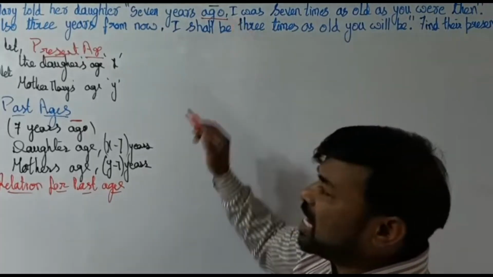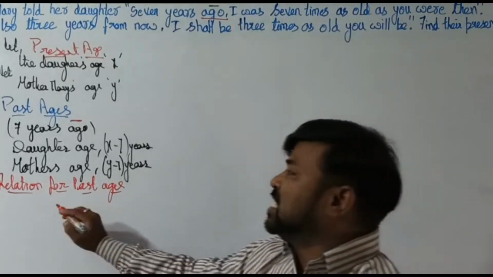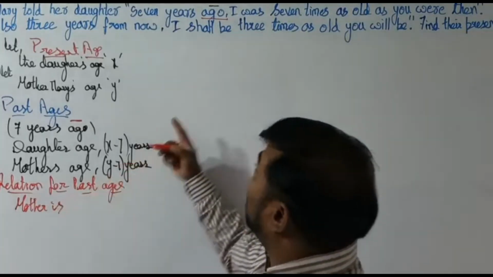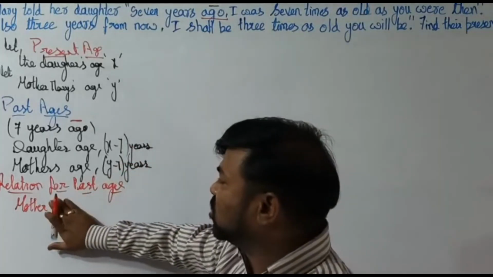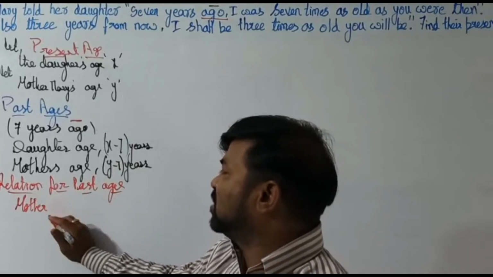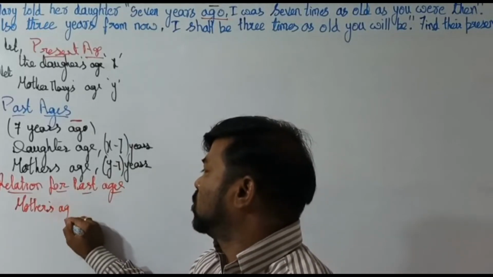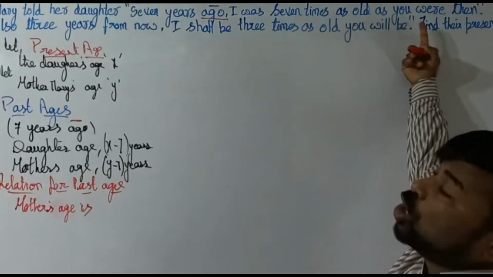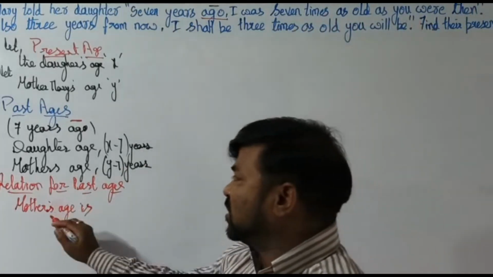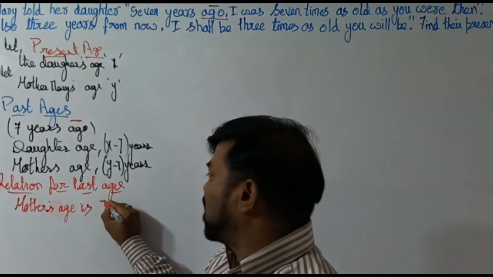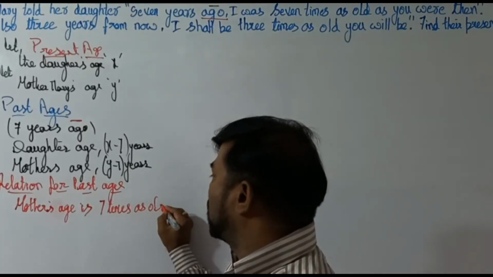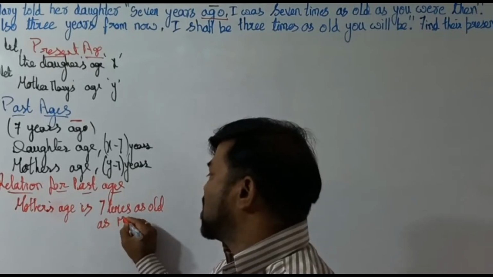If I means mother, then the mother's age is, as he said, 7 times as old as Mary. The mother's age is 7 times as old as Mary.